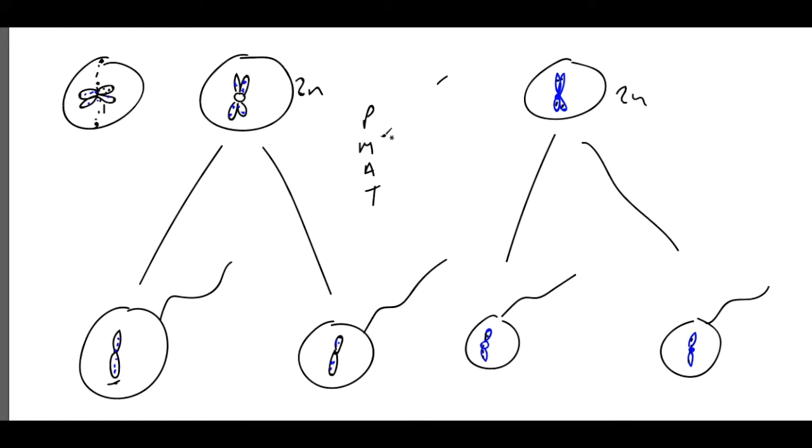And all them stages are just the same as mitosis. Envelope breaks down, chromosomes align in the middle, get pulled apart, the cell membrane reforms. And then you end up with 4 genetically different cells. If this was 2N and it's been halved, this has to be N, 23 chromosomes. N, N, and N.